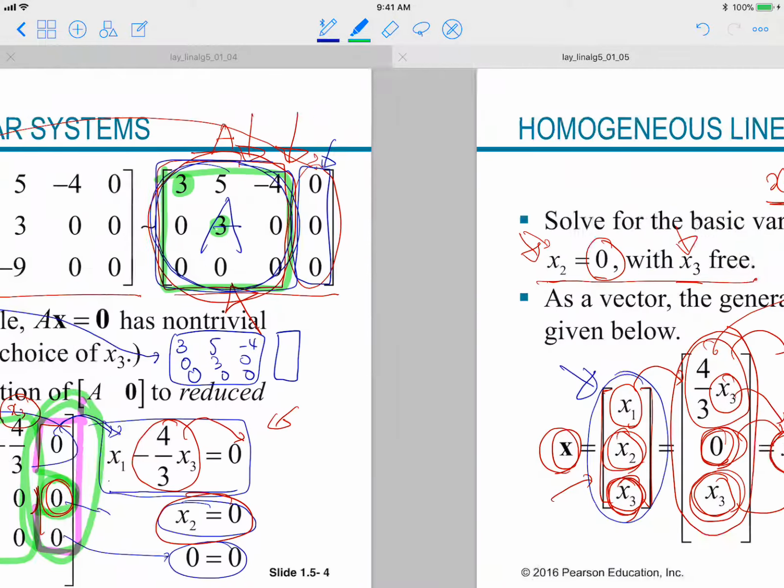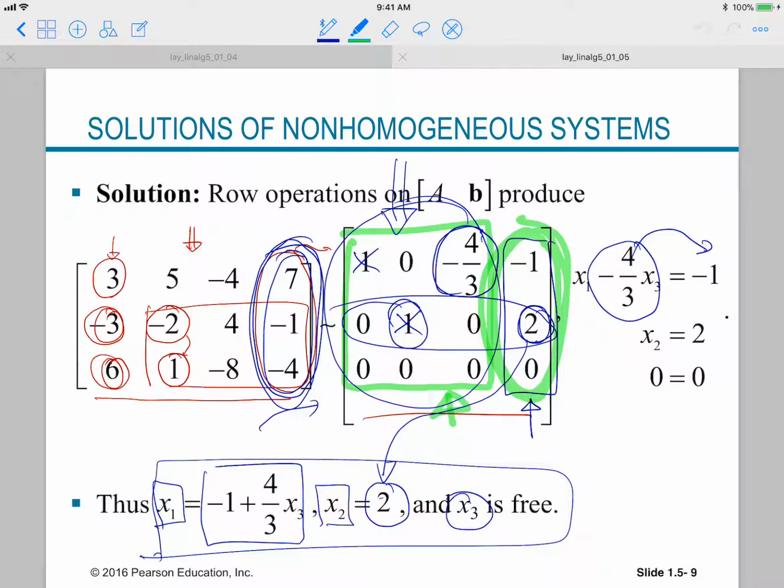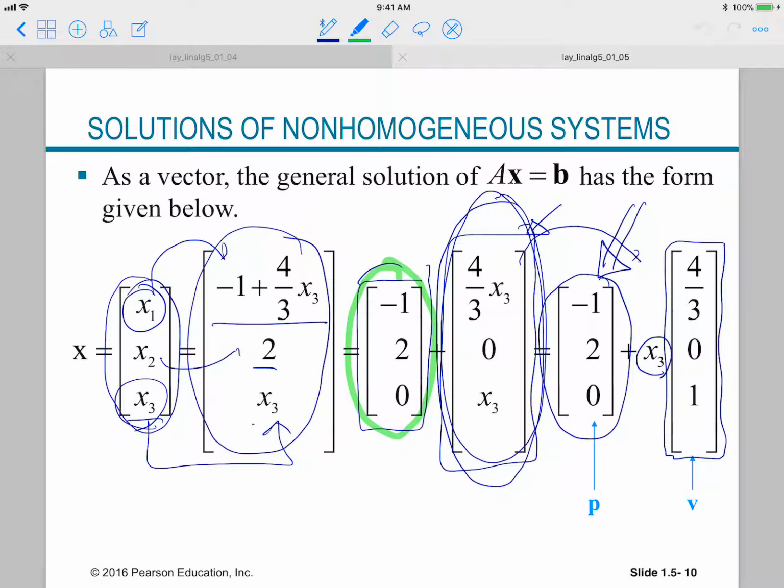But in this case, we now have a non-zero vector here, and that will be our new constant vector that is added to our free variable part corresponding to this one. But this part is actually the same as the previous homogeneous case, right?